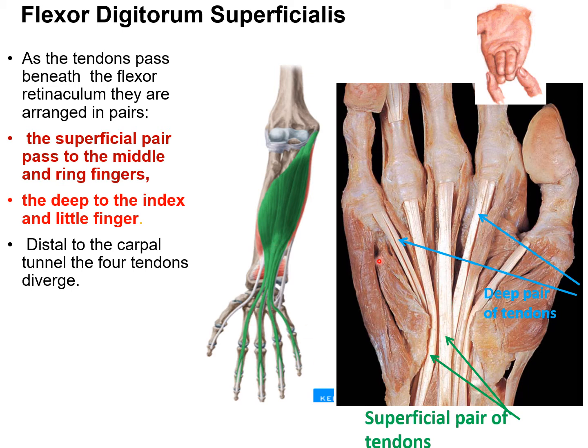If we see here, the deep pair is going towards the index and the little finger, whereas the superficial pair is going towards the middle and the ring finger. Distal to the carpal tunnel, the four tendons diverge and each passes towards the corresponding finger superficial to the corresponding flexor digitorum profundus tendon.